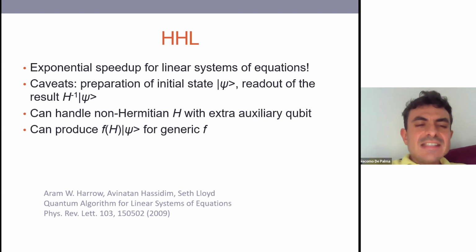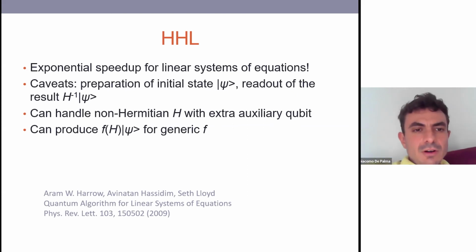But there is some information that we can still extract with only a small number of copies of the state. For example, if we just want to sample from the measurement in the computational basis of the state, few copies are enough for this.